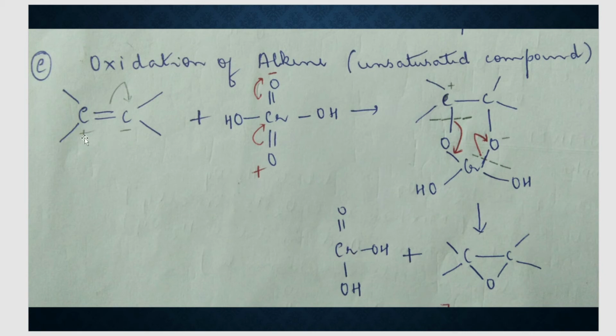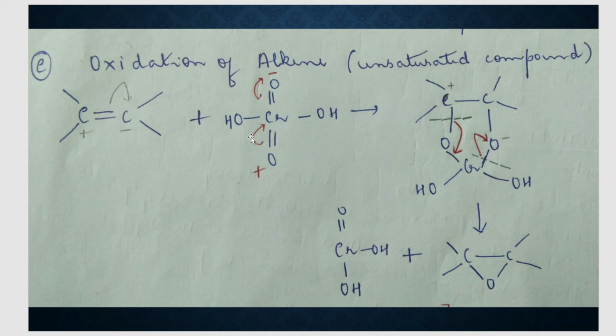But still here you have an unsaturated compound, that is a double bond. So conveniently the pi bond here will shift on one carbon. So you know that the carbon on which it shifts will get a minus charge and one more will get the plus charge, correct? And then what happens to the chromic acid here that we have taken? One bond shifts onto oxygen giving it a minus charge. So chromium will get a plus charge. In order to remove that plus charge on chromium, what happens?